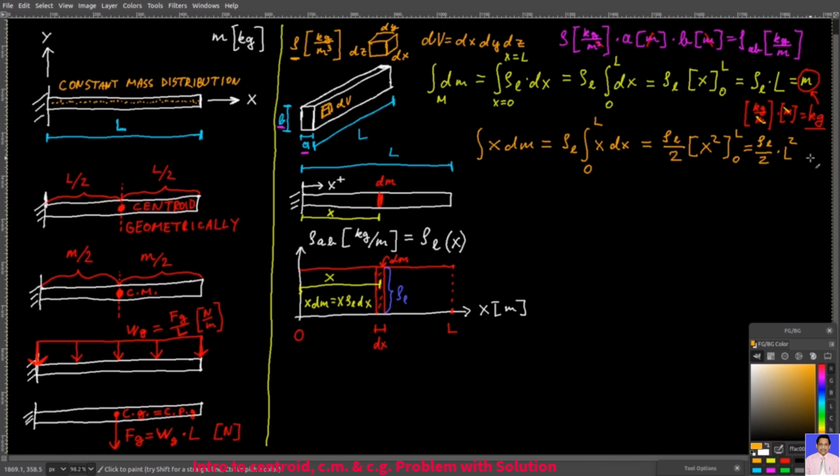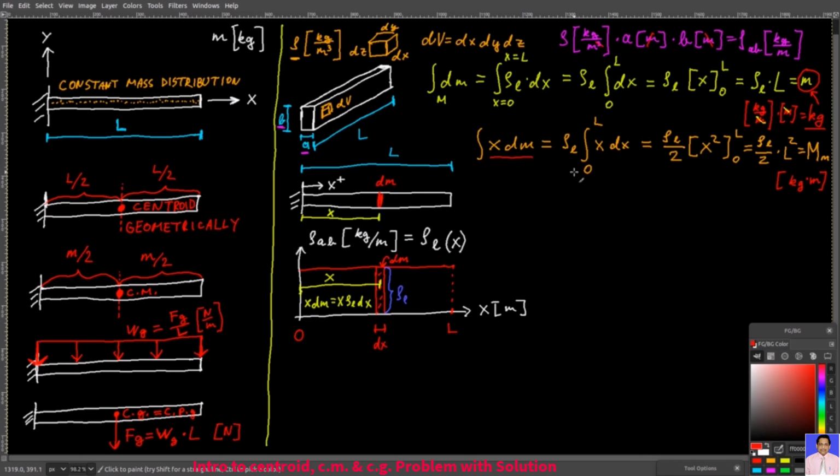And so this is my final result, and I'm just going to denote it with mm, and the units will be kilograms times meters. Now note that this is not a moment. It has no direction. X times dm, it's simply a product of x and dm, and this mm is simply the summation of all these differential products.